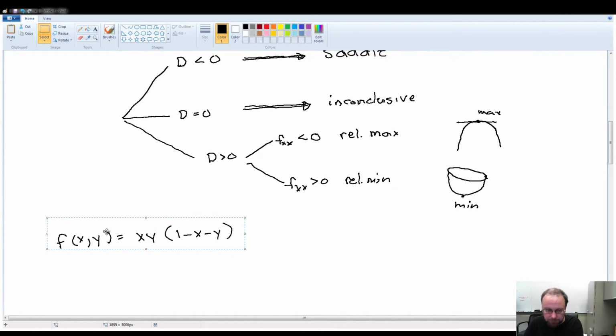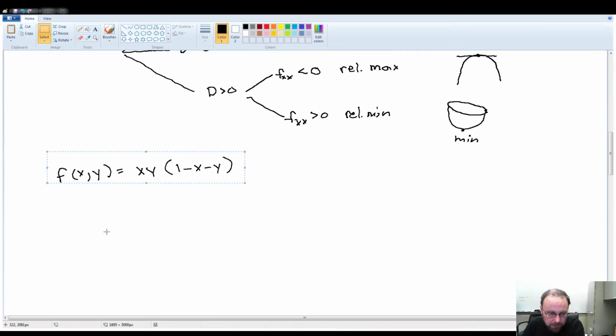So our job is to find all relative extrema and possibly saddle points. So the first thing we did was simply differentiate the function with respect to x and then with respect to y. We found the first order partial derivatives. And I think to do this, I'll just go ahead and distribute the xy factor into the parentheses there.